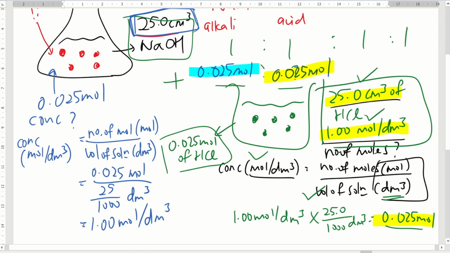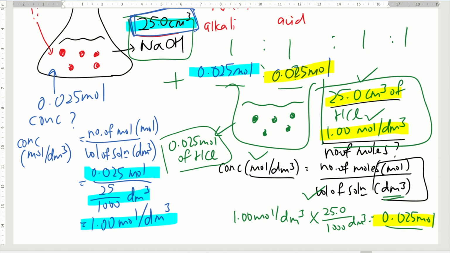Since I have the volume and the moles, I can use this formula to calculate the concentration. So this is what I meant by using the volume to find out the concentration of the unknown. This is what we call volumetric analysis.